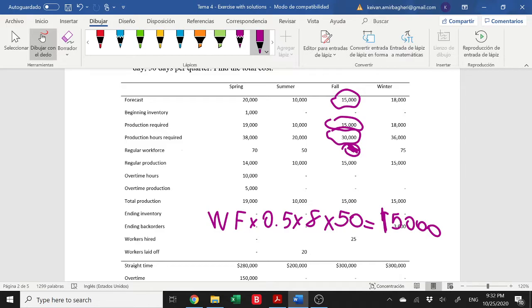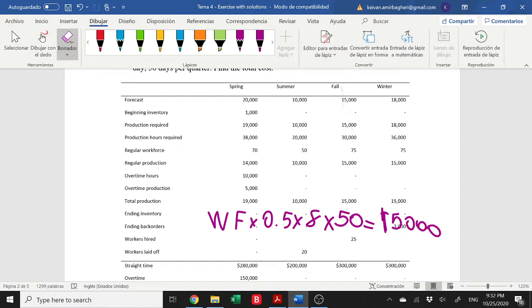If I calculate, 15,000 divided by, if you remember, 200, gives me 75 workers needed for this period.